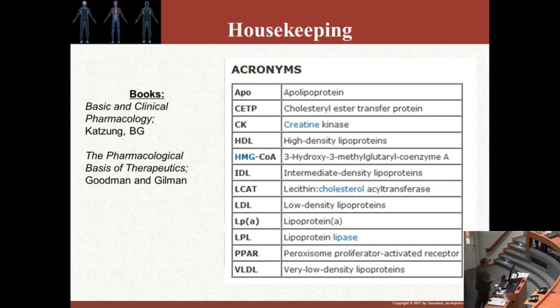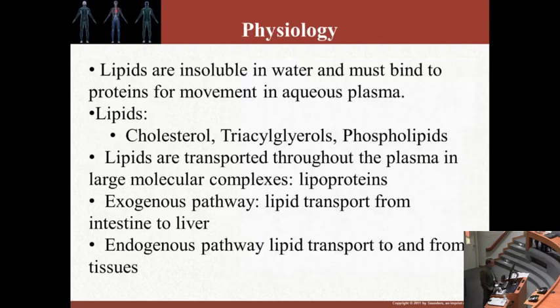Just a little bit of housekeeping. Here are all of the enzymes and proteins that are responsible for maintaining cholesterol homeostasis, all listed here. The different drug indications and so forth will refer to some of these, so you can refer back to this for studying's sake. Okay, so physiology: what do lipids do?